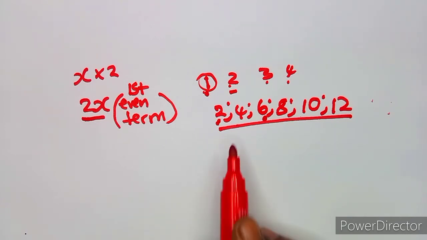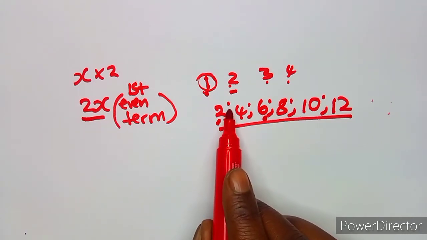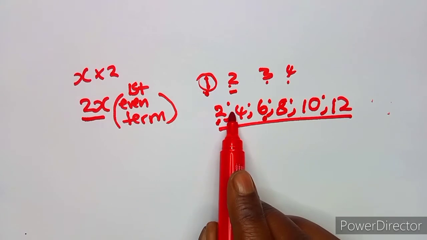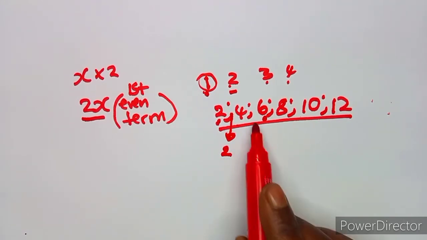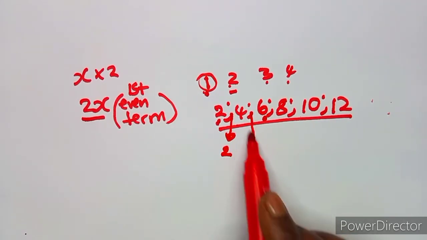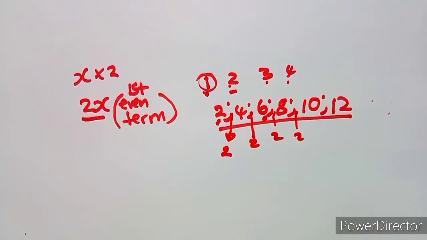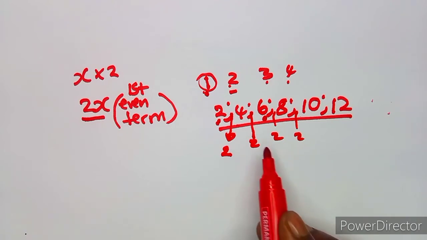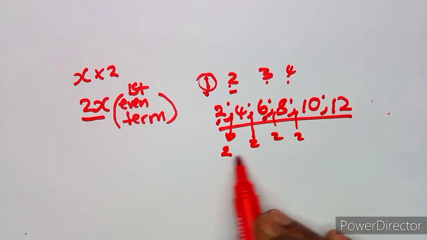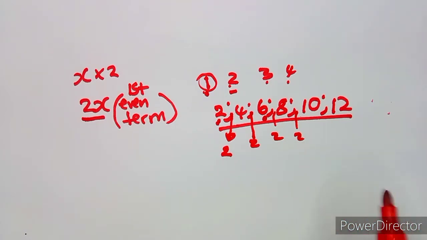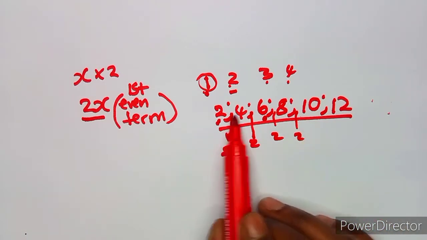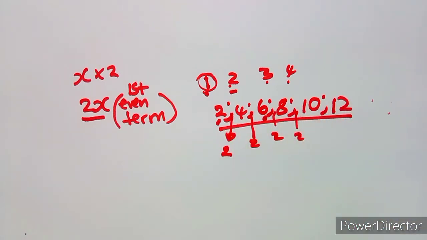Since they are even numbers, you're going to see they are separated by 2, separated by 2, separated by 2 throughout. So all even terms are separated by 2 if they are consecutive.